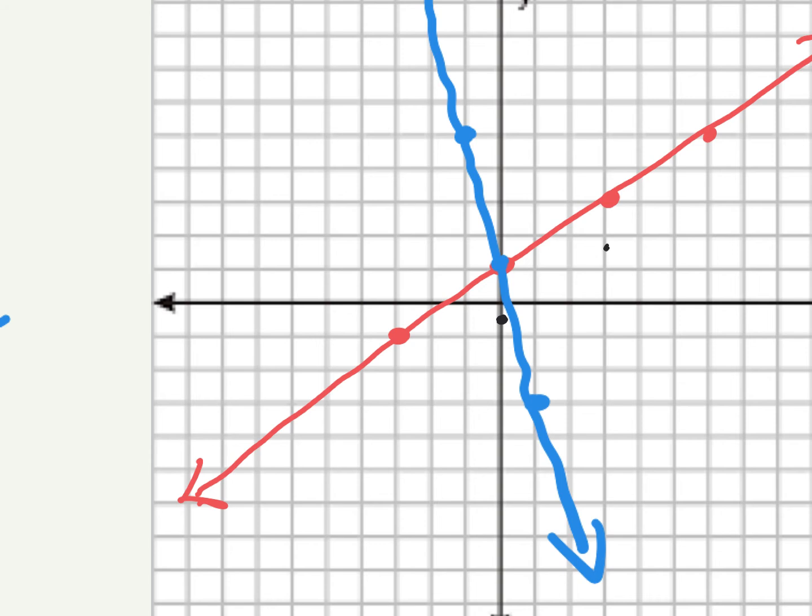So somewhere over in here. So again, as long as it's close, I'm not looking for too much precision here. And then I could go down. And I can connect my line. All right, so that was the next one.